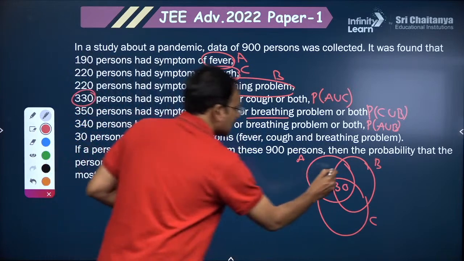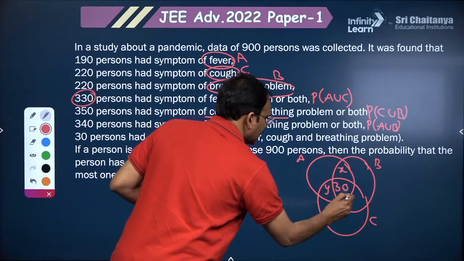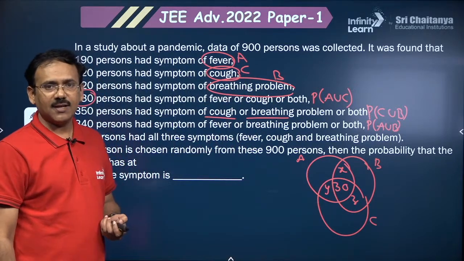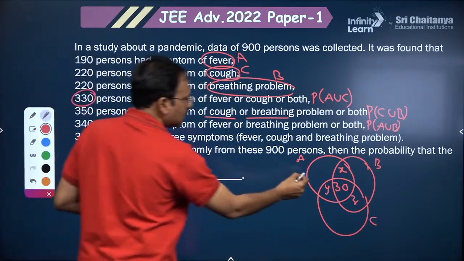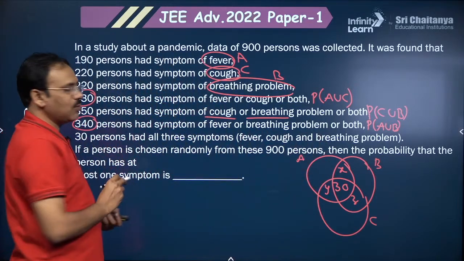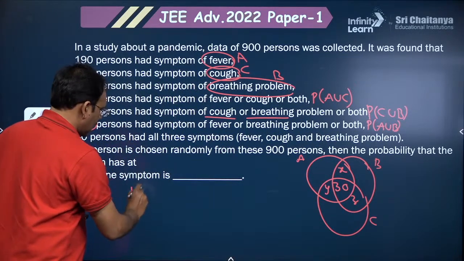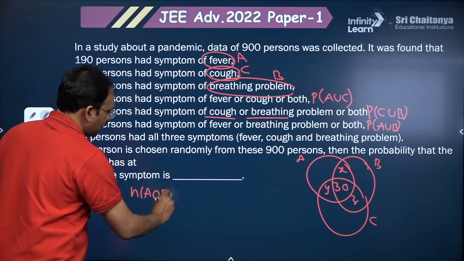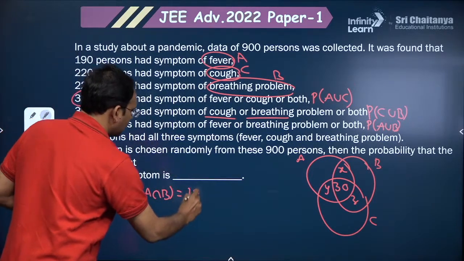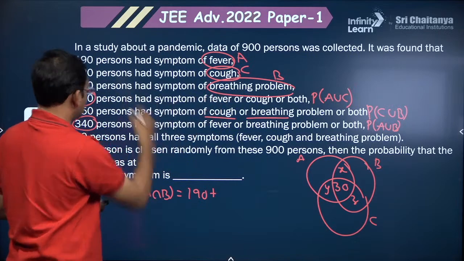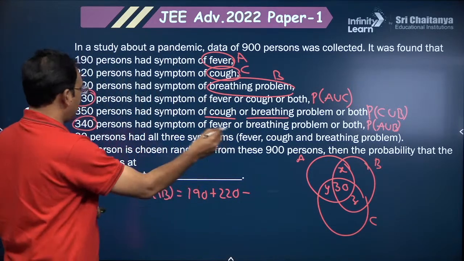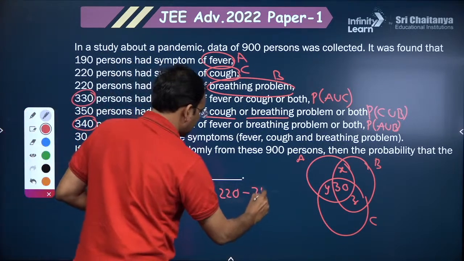Fine. Now you can just take it as X, Y, Z, some you take. Now suppose if I want X, my dear friends, you see A union B data is given, you see 340 is A union B. You just take N of A intersection B as N of A is given 190 plus N of B is given 220 minus N of A union B is given as 340, right.